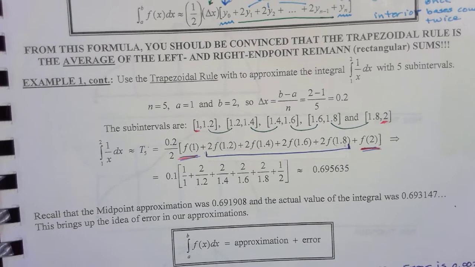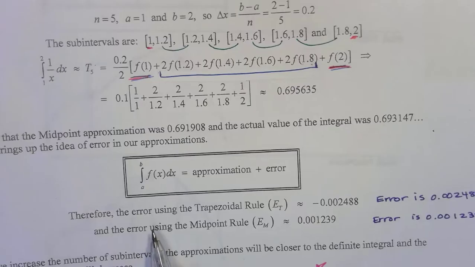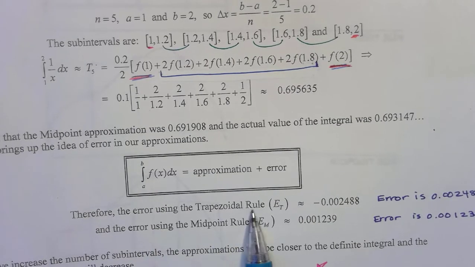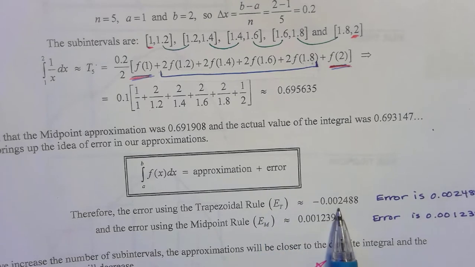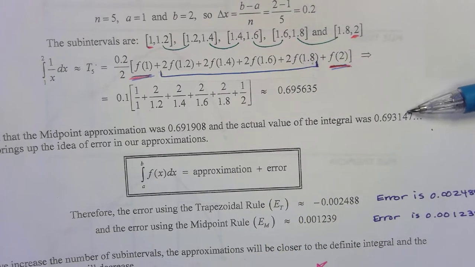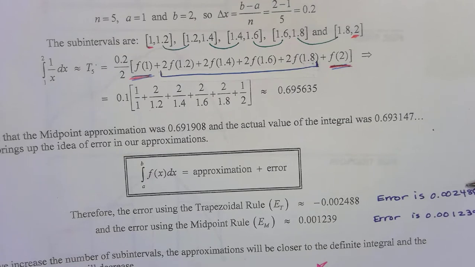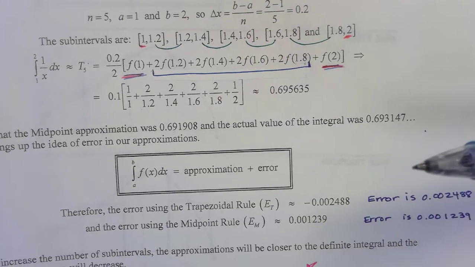Let's remember, when we calculate an integral using a rectangular or trapezoidal approximation, we have the approximation plus whatever error we have, which would give us the actual value of the integral. So our error using the trapezoidal rule was, notice that we got this, but the actual is this. Okay, so the error is we're off by 0.002488.